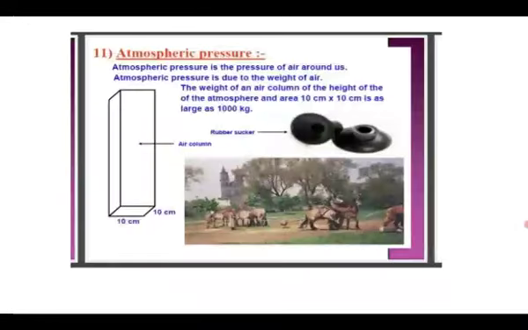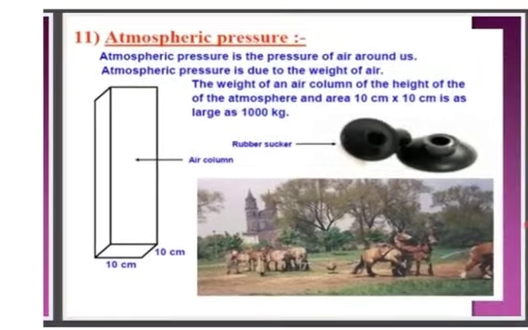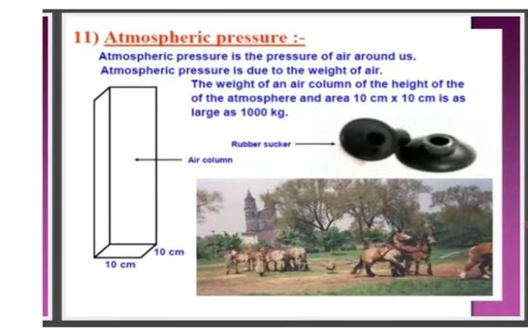Here is another one: atmospheric pressure. Student, you know that air has pressure and our earth is surrounded by air. So air also exerts its pressure. When we calculate the weight of air per unit area on the earth's surface, that is called atmospheric pressure. Near the earth's surface the air is very dense, and as we go above, the quantity of air decreases.